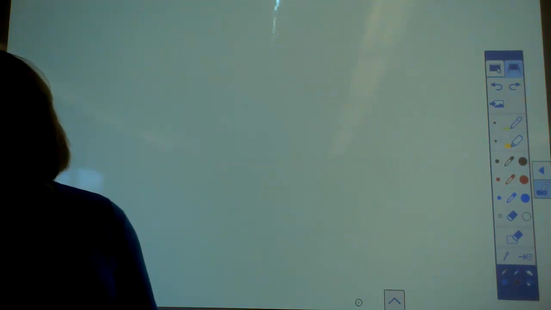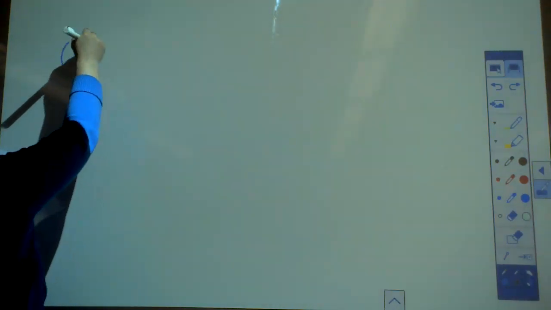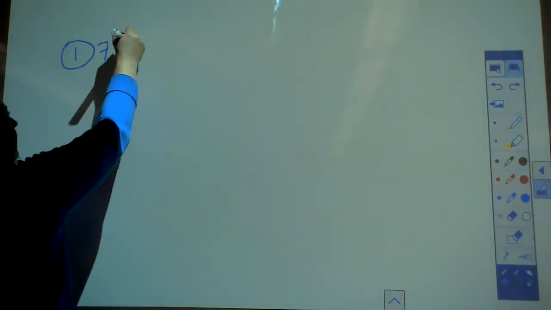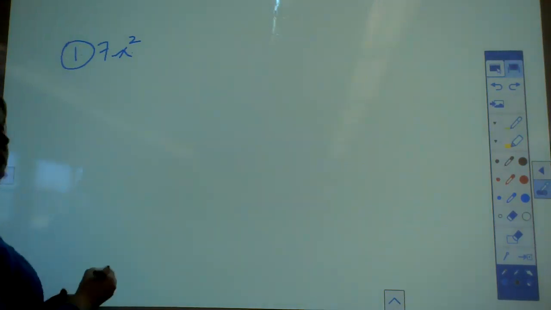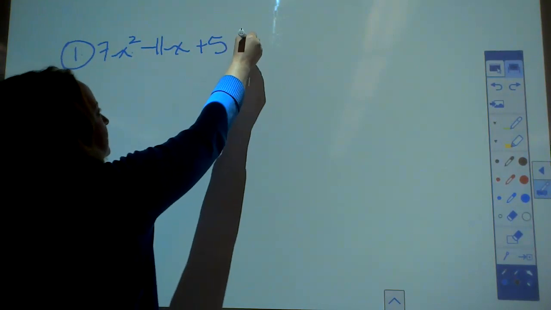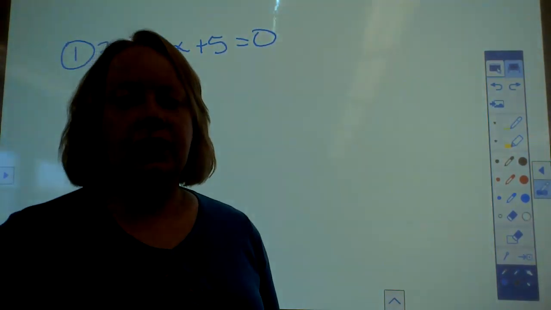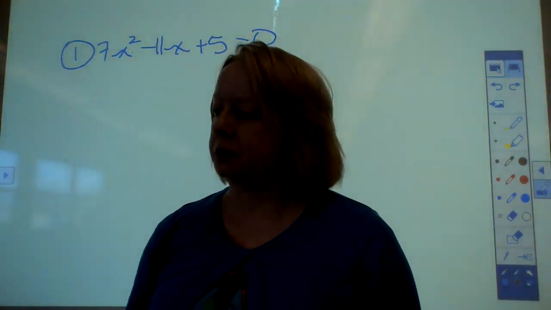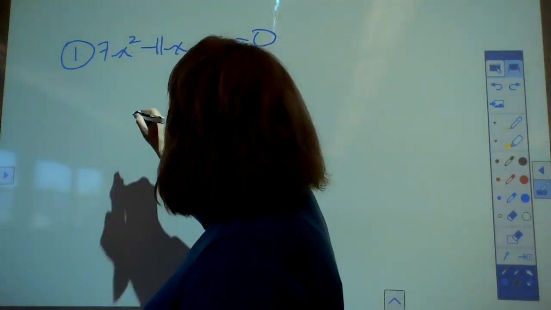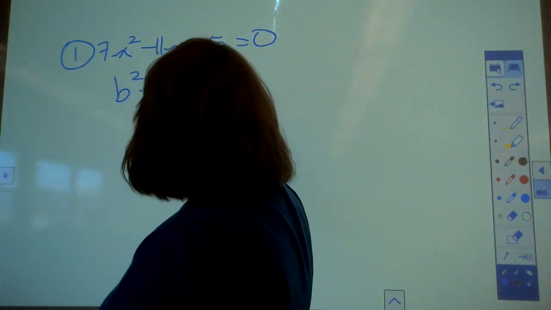Okay, so we're going to look at a scenario. Number one, 7x squared minus 11x plus 5 equals 0. We're going to look at this formula and determine what type of root we have. So remember, the discriminant is b squared minus 4ac.